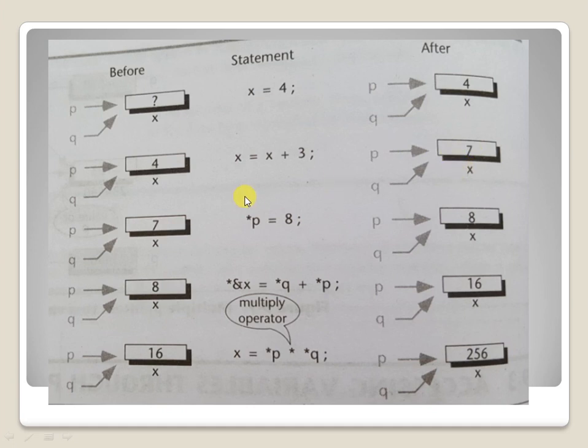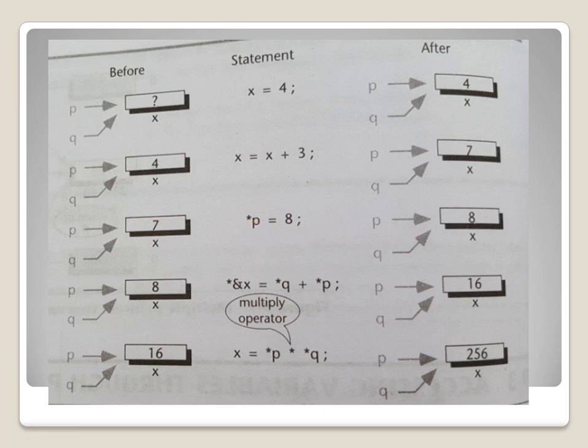If you see the third portion in the diagram, again P and Q are pointers. X is holding the value 7. So the last change is reflected over here. So X is holding the value 7. Then star P equals 8. So this star operator helps you to update the value of the variable that is pointed by the pointer.